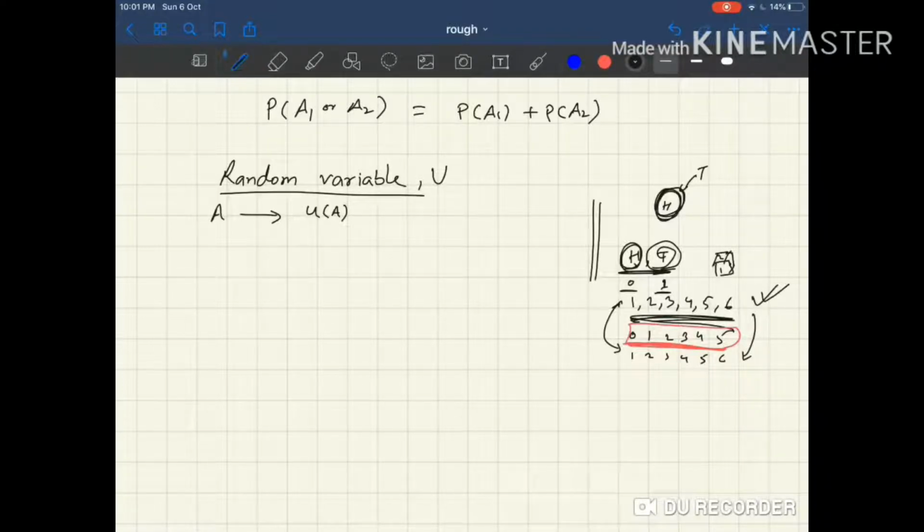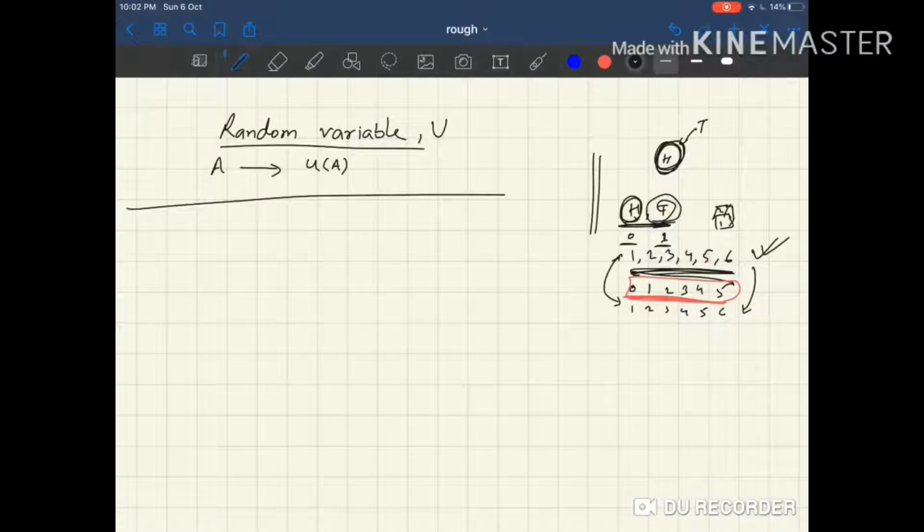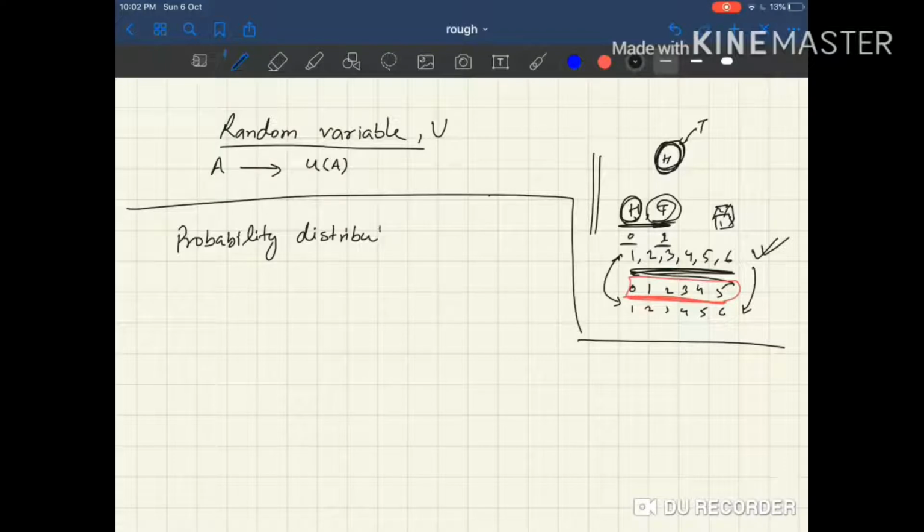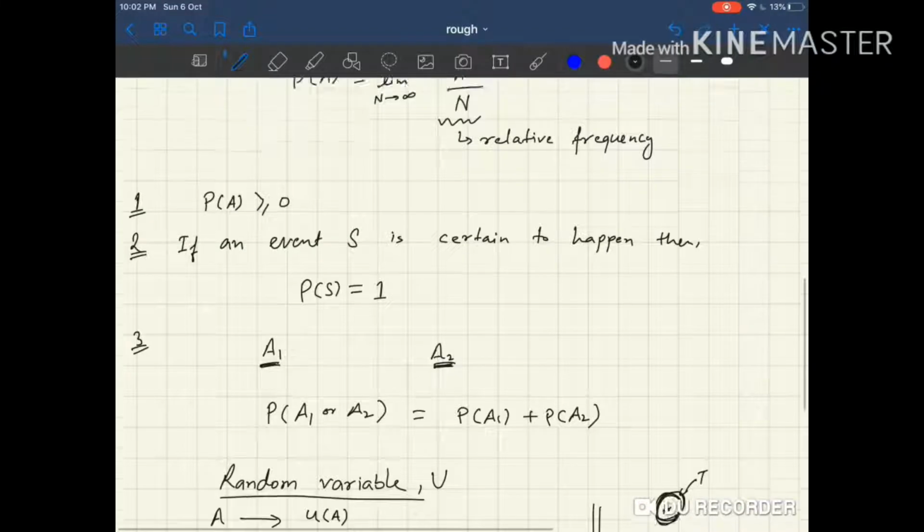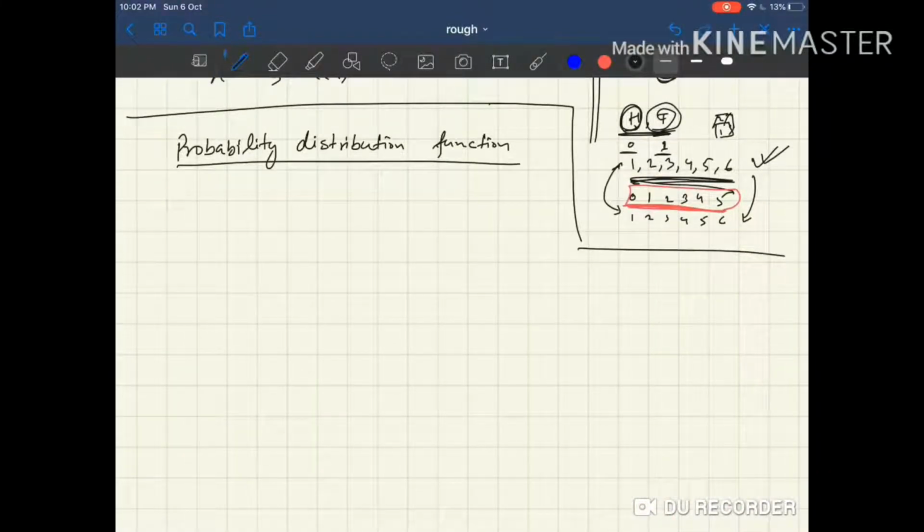So next we are going to discuss the probability distribution function. So what is a probability distribution function? This is for our convenience. I hope these random variable and probability definitions are very clear.